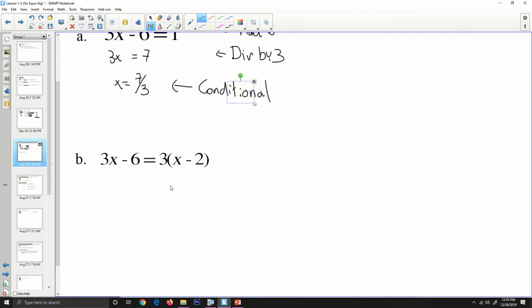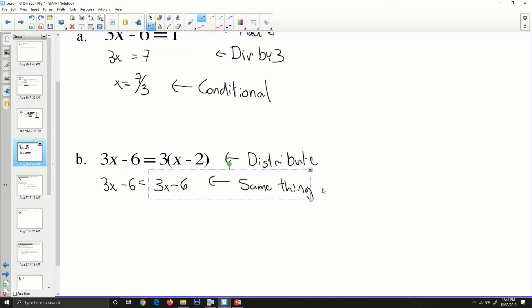And then in this one, before I can do anything, I'm going to distribute. And I'll get 3x minus 6 equals 3x minus 6. Since that's the same thing, any value will work.